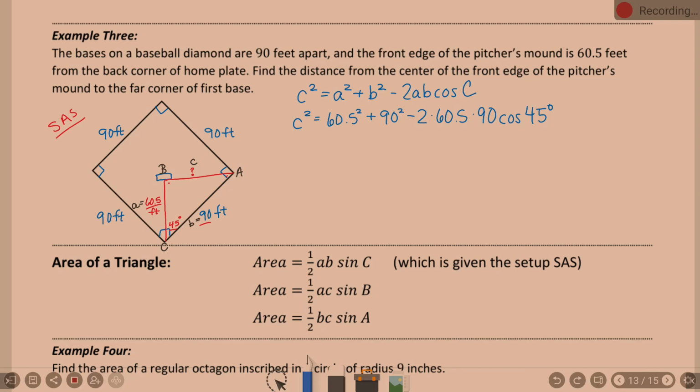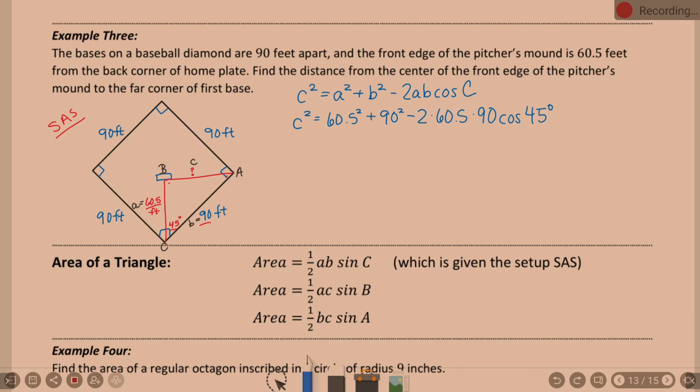And I made a typo. There we go. So before you take the square root, you should get something like 4,059. If I do the square root of that number, we are at 63.7.